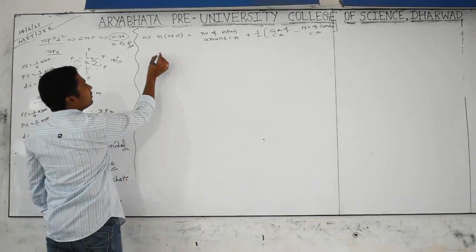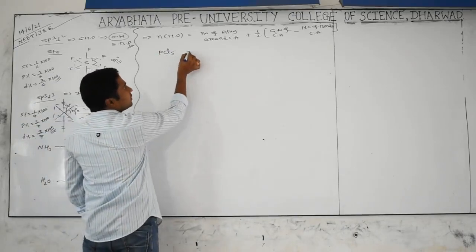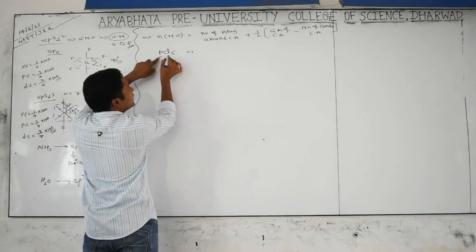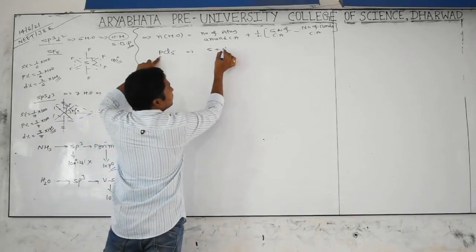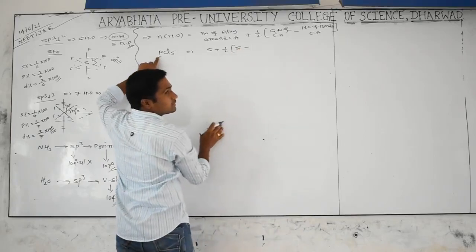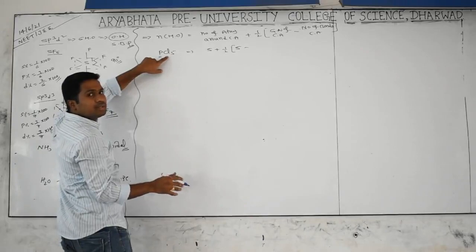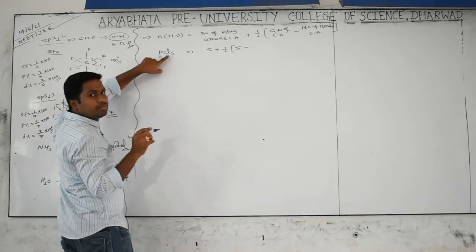For example, PCl5. Number of atoms around the central atom is 5, plus half into group number of phosphorus, 5, minus the number of bonds. Chlorine, halogen, 7A, forms one bond, so 5 chlorines give 5 bonds.